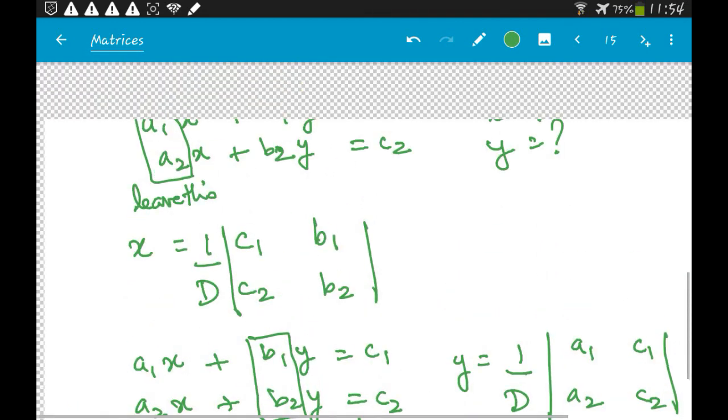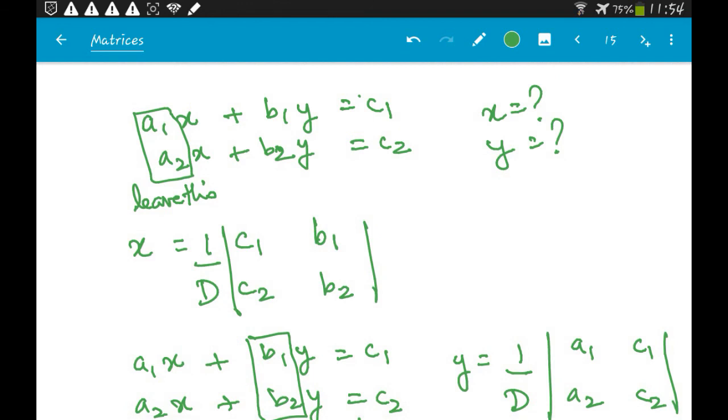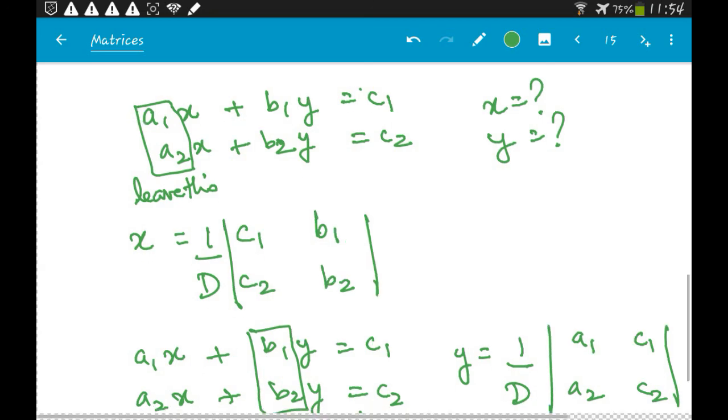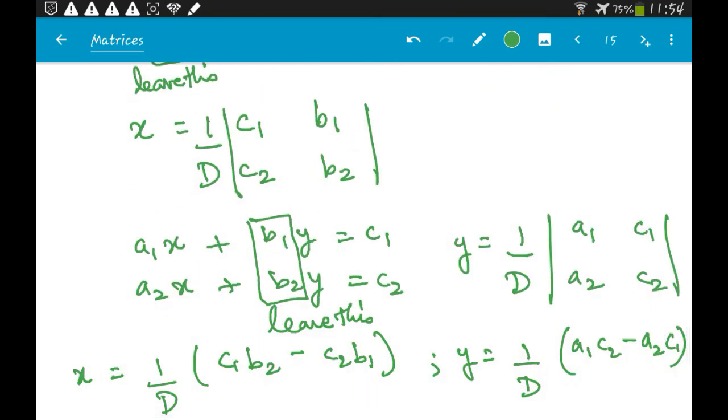You see, what we have done is we left these coefficients of a1 for x. For x, whatever their coefficients were, a1 and a2, we left them, and instead of that we put c1 and c2. So in the place of a1, a2 in the matrix M, we put c1 and c2. And for y, we left b1, b2, and in the place where we would have put b1, b2, we put c1 and c2.